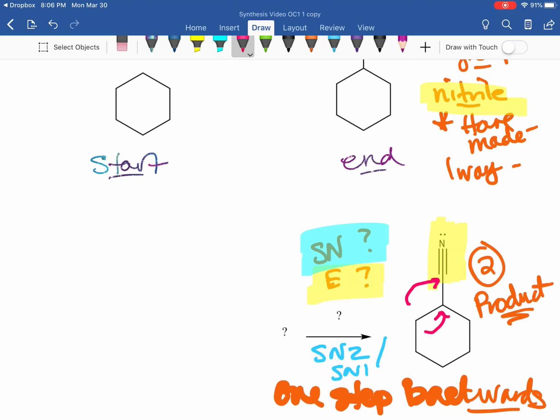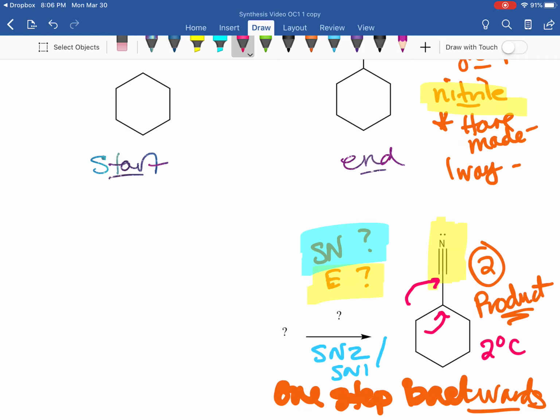So you are substituting here. And if you think about where that's coming from, that will be coming from a secondary carbon. So can we do an SN2 on a secondary carbon? Sure. Can we do an SN1 on a secondary carbon? Sure.